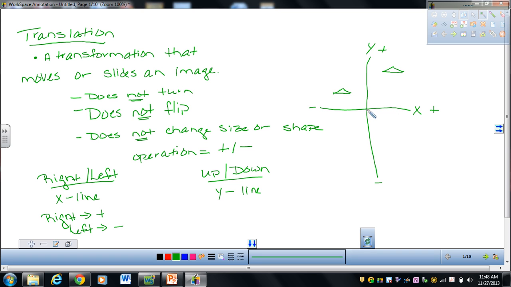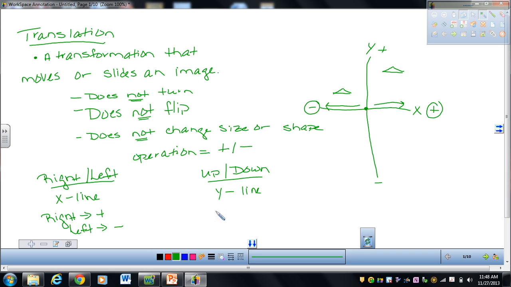If we started right here at 0, 0, and it told us to move right, we'd be going this way, right? And that's the positive side, so they'd be adding. If it told us to go this way, it would be on the negative side, so we would be subtracting. On the Y line, the same thing.